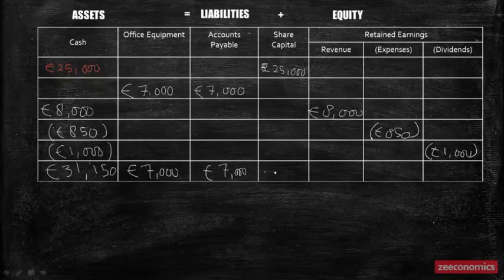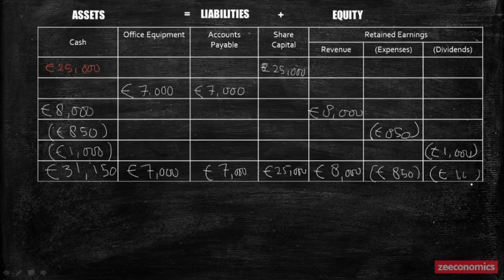And share capital is still the same, 25,000 euros. Revenue 8,000 euros. Expenses, don't forget to put the bracket because it indicates that the amount needs to be subtracted, 850 euros, and also the dividends 1,000 euro.